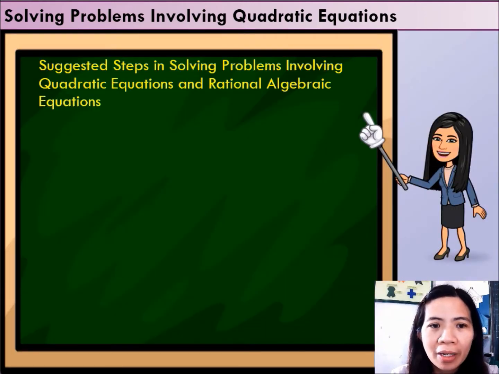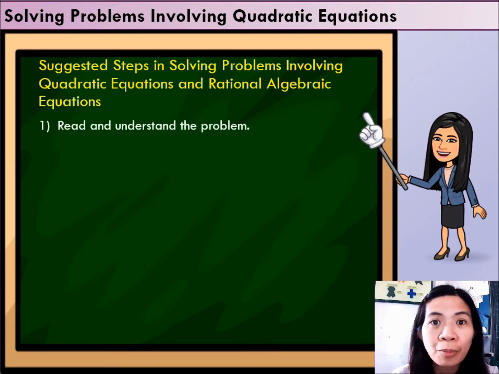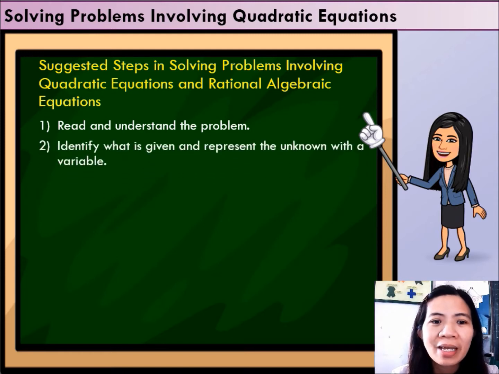Okay, here are suggested steps in solving problems involving quadratic equations and rational algebraic equations. So first, we are going to read and understand the problem. Second, identify what is given and represent the unknown with a variable. So we are going to represent it with a variable or letters.